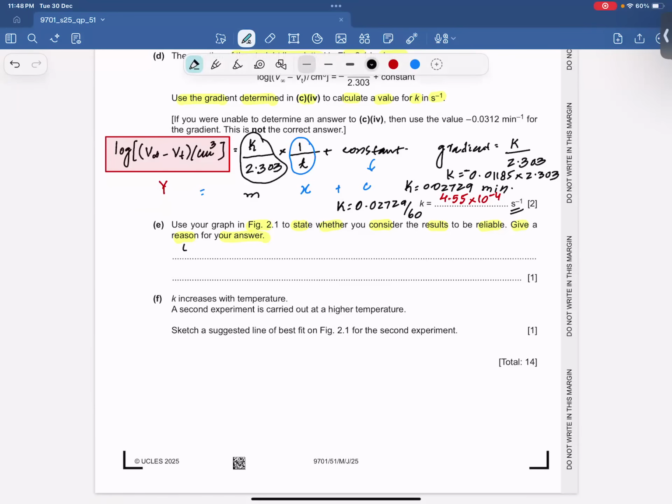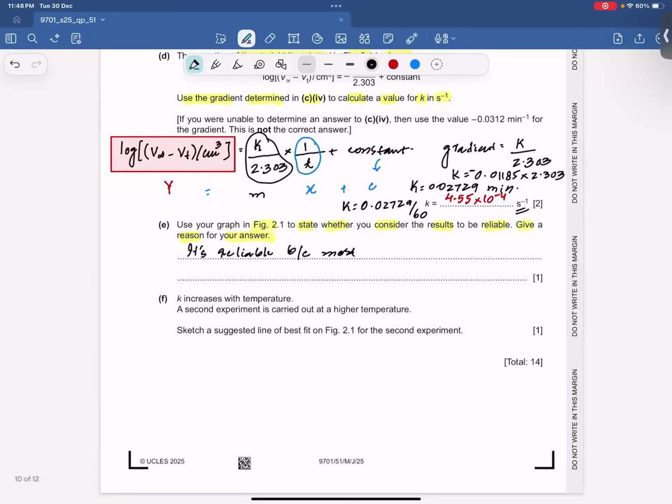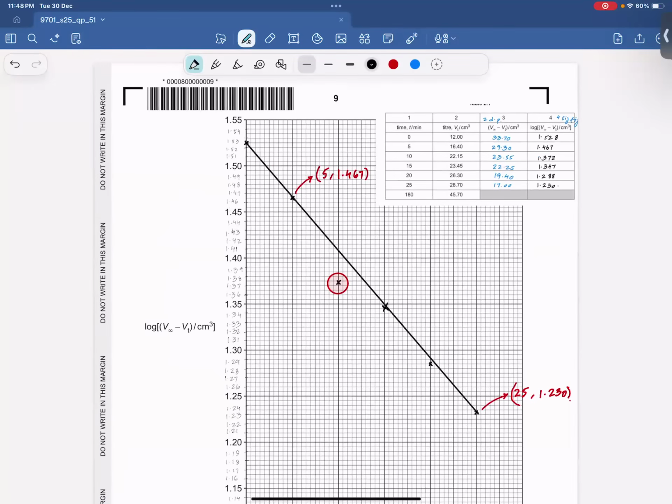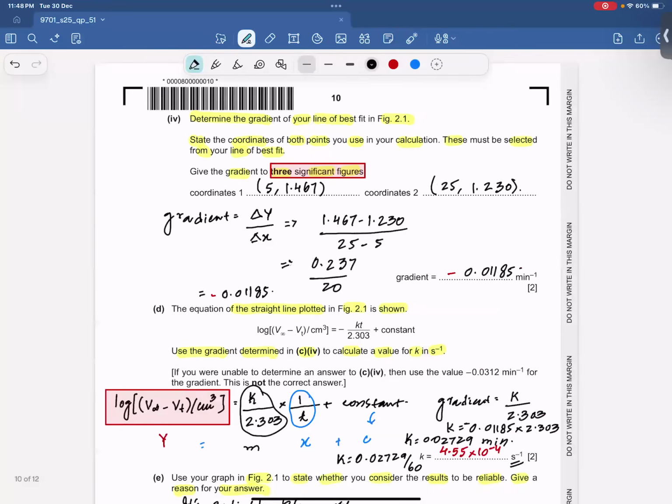I think it's reliable. Let me check one more time. 1, 2, 3, 4. We have 6 points. Out of 6, we have 4 on the line of best fit, 2 out. So I think I'm writing.